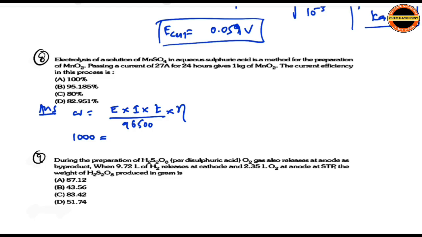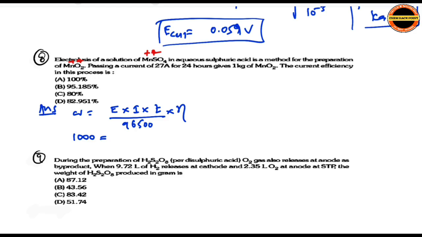So what is the n factor here? MnSO4 is giving MnO2. The reaction you see here: electrolysis of a solution of MnSO4 in aqueous sulfuric acid is a method for preparation of MnO2. So here, in MnSO4 the oxidation state plus 2 became plus 4 in MnO2, meaning the n factor change is 2 here.